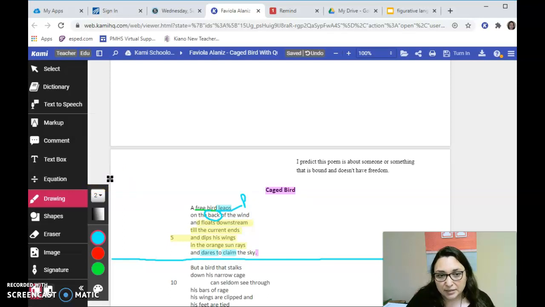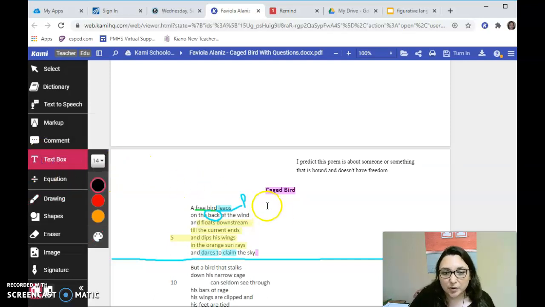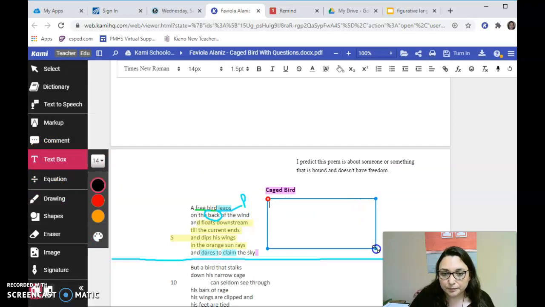Now I'm going to read my stanza again. "A free bird leaps on the back of the wind and floats downstream till the current ends, dips his wings in the orange sun rays, and dares to claim the sky." So I'm going to put in my text box, in my own words, that this stanza is about a free bird who is able to do whatever it pleases without limits.